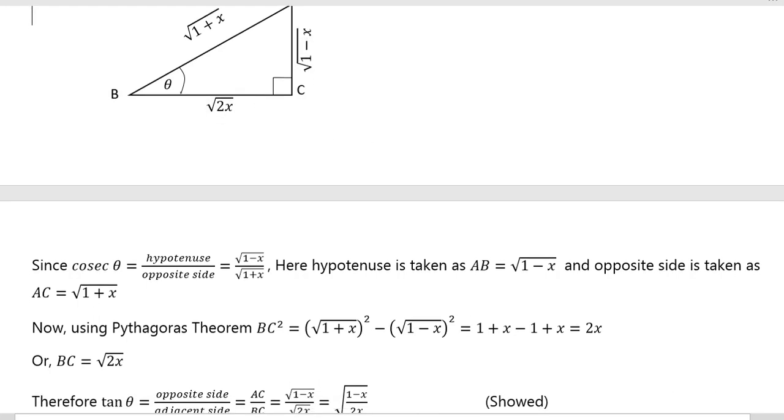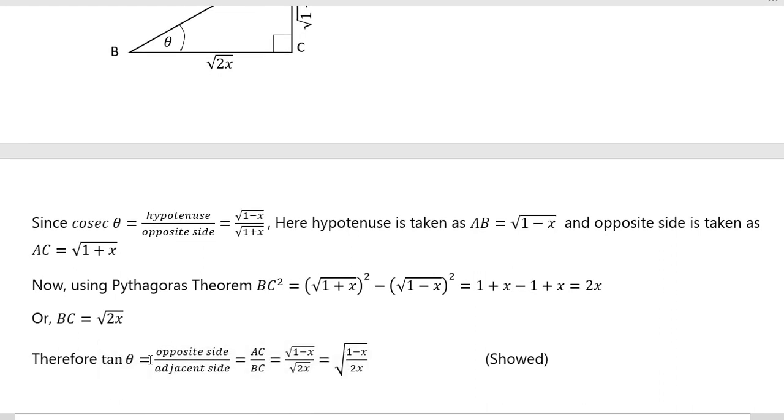Therefore tan theta equal to opposite side, that is perpendicular, divided by adjacent side, that is base, equal to AC by BC equal to root over 1 minus x divided by root over twice x, which is whole root over 1 minus x by twice x. So this is the value, we have expressed tan theta in terms of x.